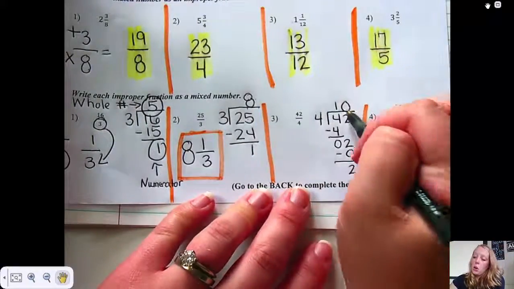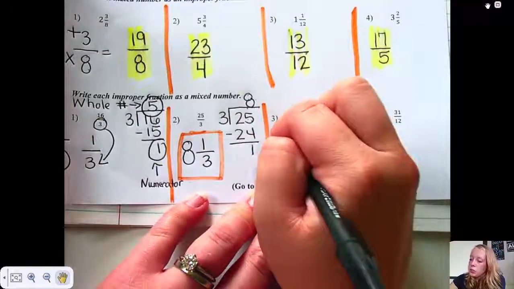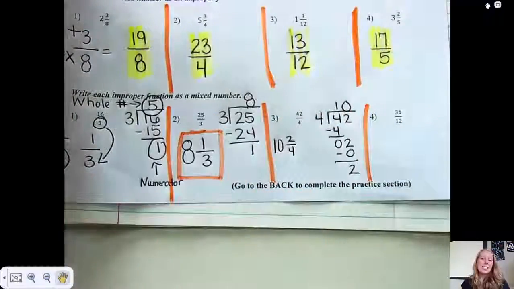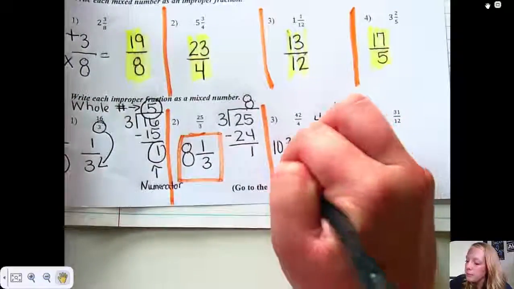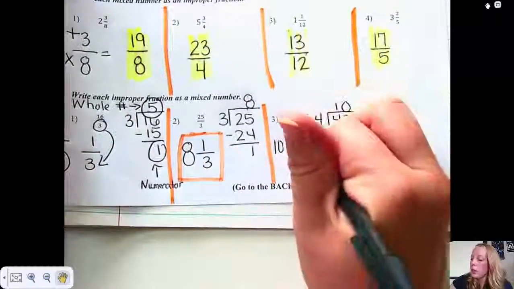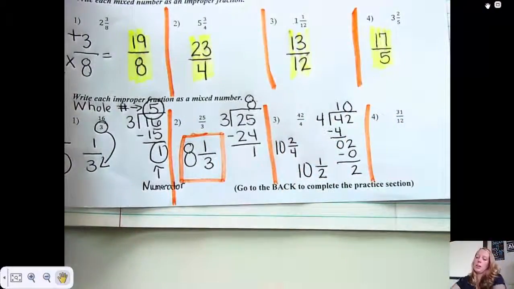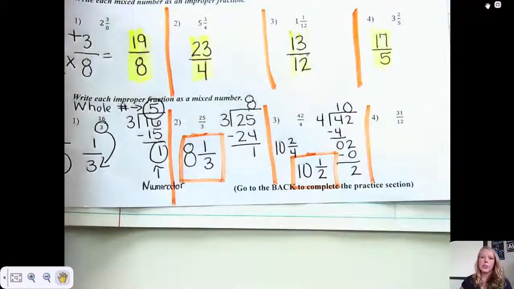So I get whole number is 10, numerator is 2, denominator stays 4. But what do you see about 2 and 4? They can both be divided by 2. So keep the 10, divide by 2 and you get 1. Divide by 2 and you get 2. So the answer to this problem is really 10 1/2 because we should always reduce our fractions.